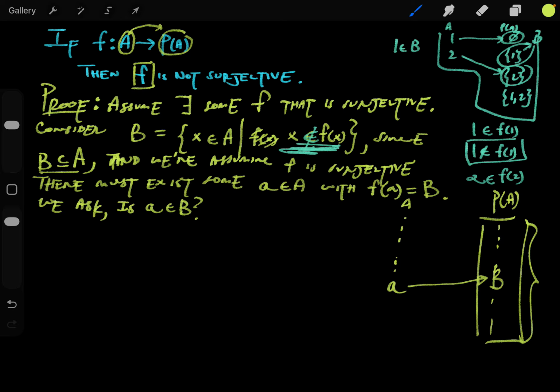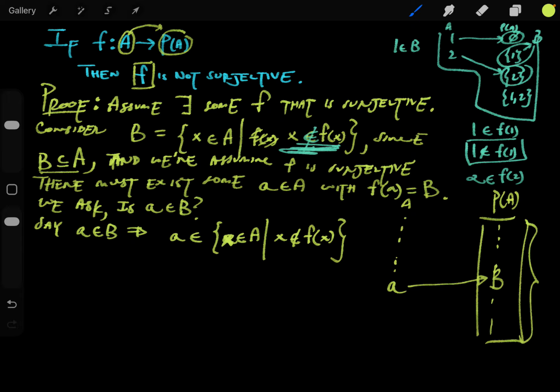If a is contained in B, well, a being contained in B means that a is in this set here, of all x not contained in f of x.